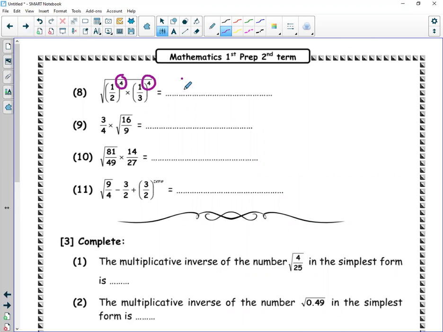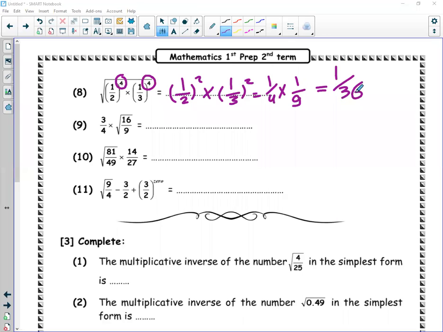So the answer will be 1 over 2 power 2 times 1 over 3 power 2. So 1 over 2 power 2 equals 1 over 4, and 1 over 3 power 2 equals 1 over 9. So the answer will be 1 over 36.